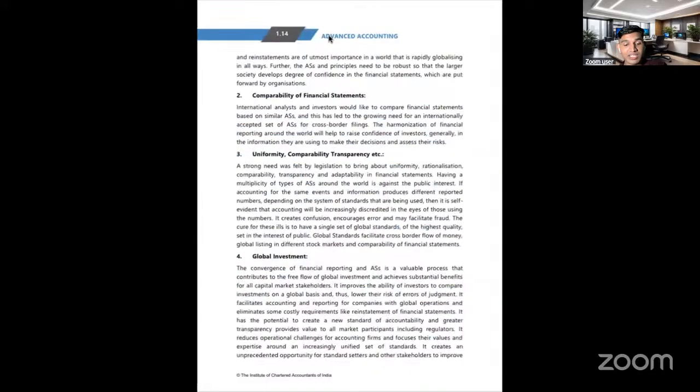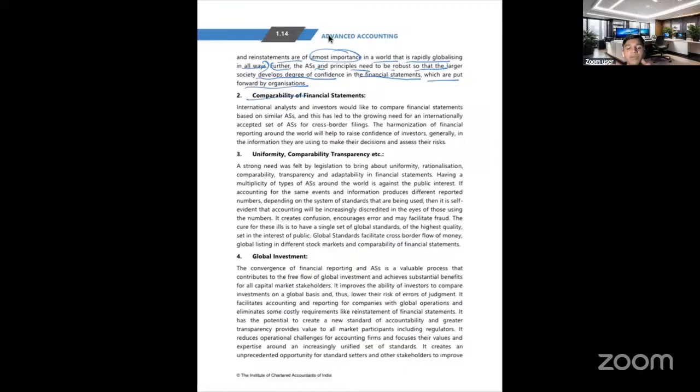Therefore, translation and restatement are of utmost importance in a world that is rapidly globalizing in all ways. Further, the accounting standards and principles need to be robust so that the larger society develops a degree of confidence in the financial statements which are put forward by organizations.